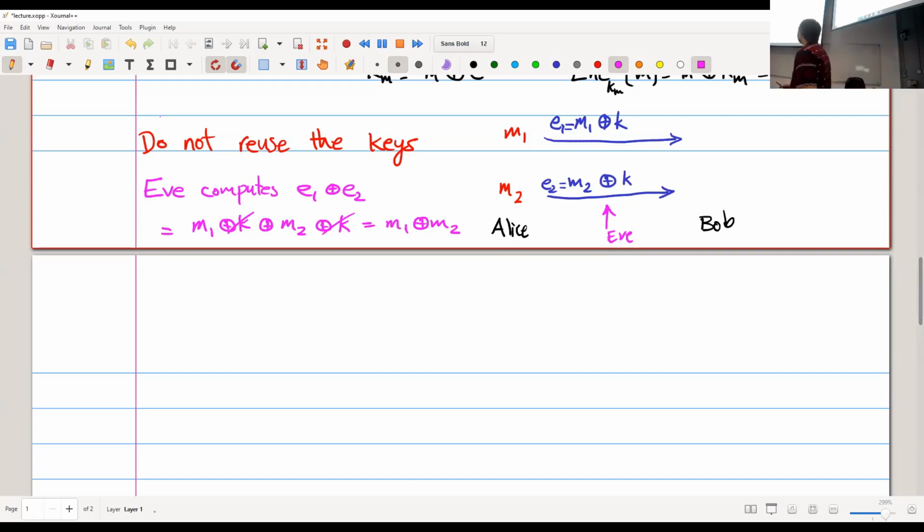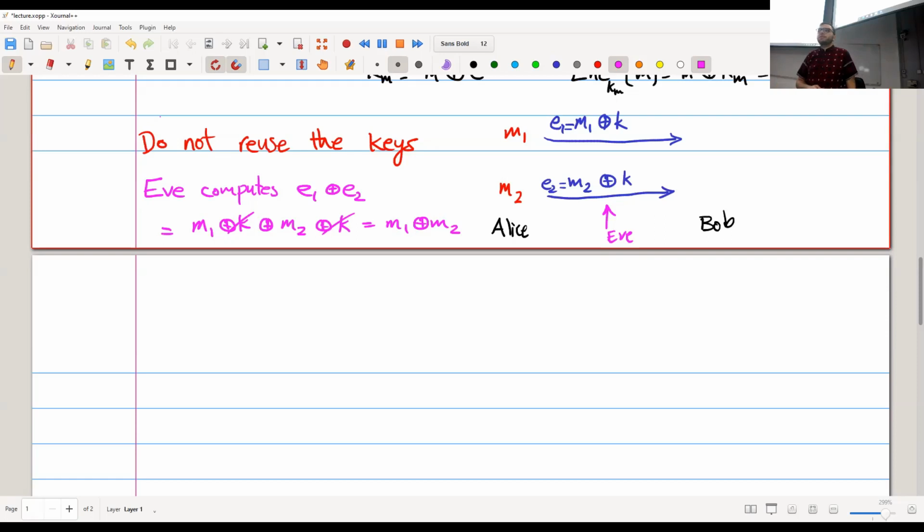Now, very important, I'm not really finding the two messages, M1 and M2. So I'm not violating the weak security property that I had before, which said that Eve should not be able to find the messages. But I'm actually finding some information about the messages. I know that the two messages had a particular XOR. I know the XOR of these two messages.